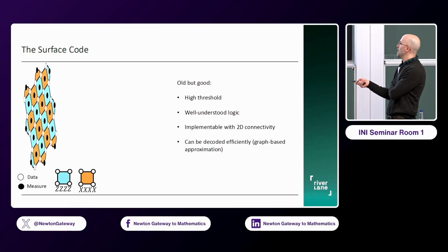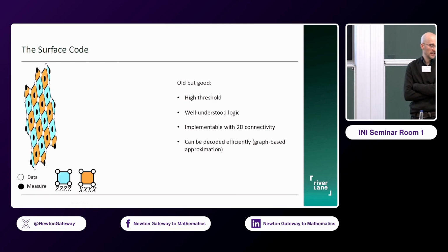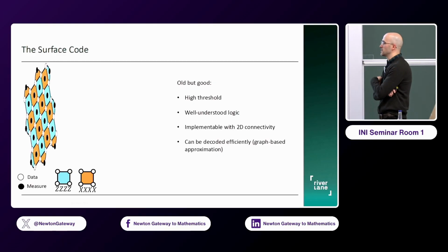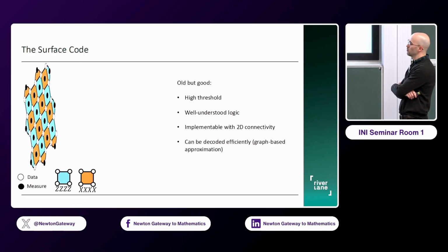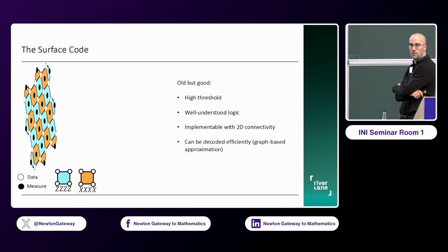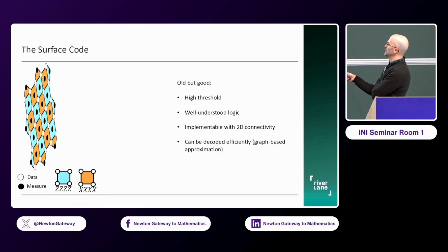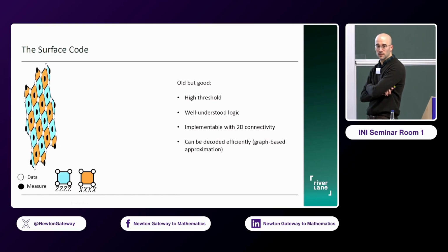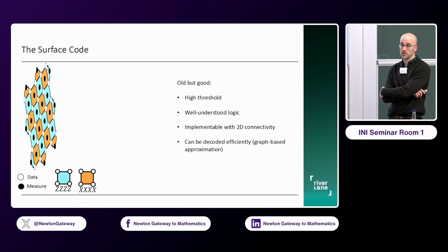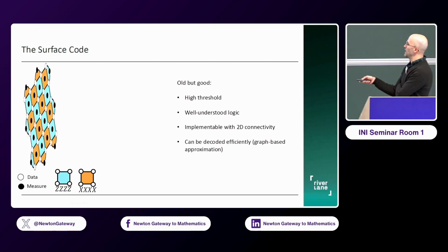The blue plaquette implements a ZZZZ operator on the 4 data qubits at its vertices, and the orange operator is the same, but with X. Now, normally X and Z don't commute, so you wouldn't be able to measure these two things simultaneously. But if you look at the surface code, these two plaquette operators always overlap on an even number of white qubits, which makes them commuting, so you can measure them simultaneously. Now, the black qubits are there just to measure these plaquette operators, and you can see that they sit in the middle of these plaquettes.